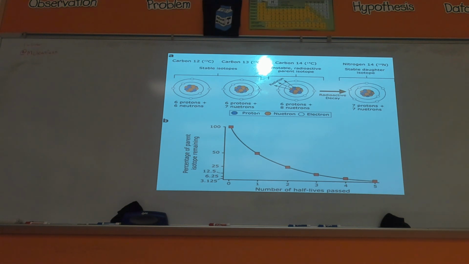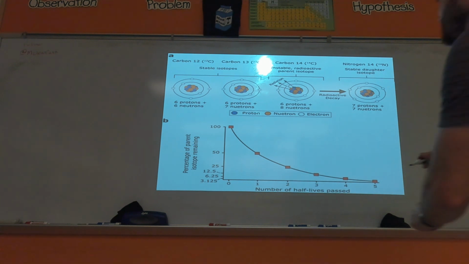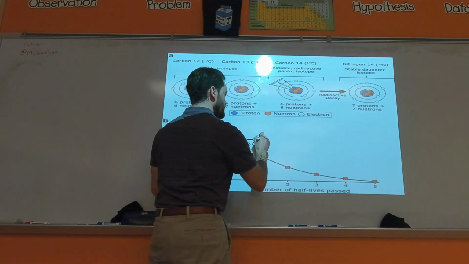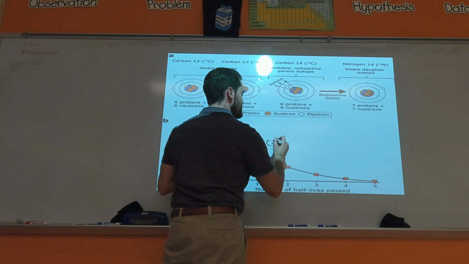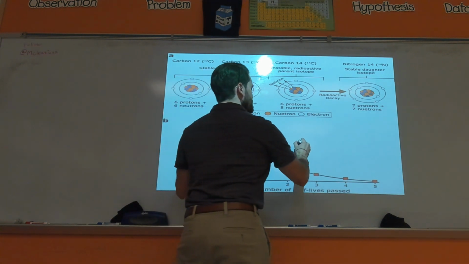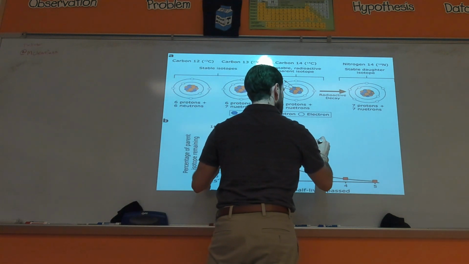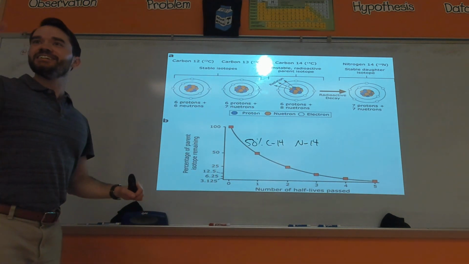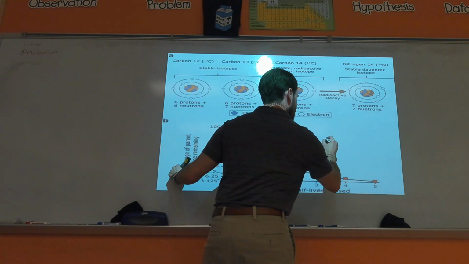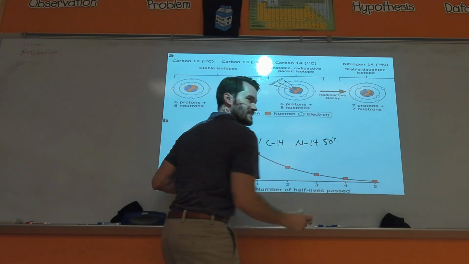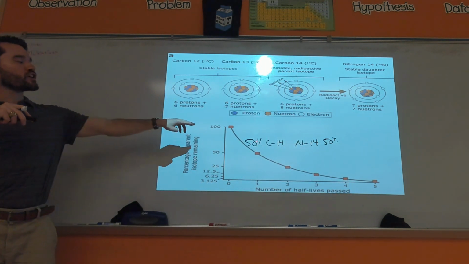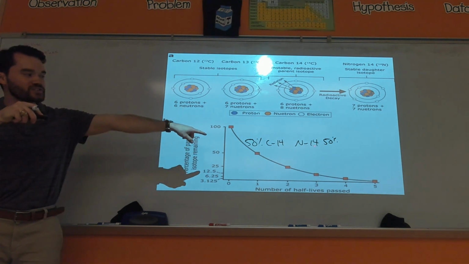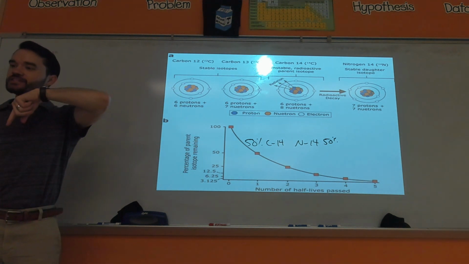So after one half-life, I have 50% of carbon-14. What percent of nitrogen-14 do I have though? 50, yeah, good, 50%. In other words, all of the carbon-14 turns into the more stable nitrogen-14.